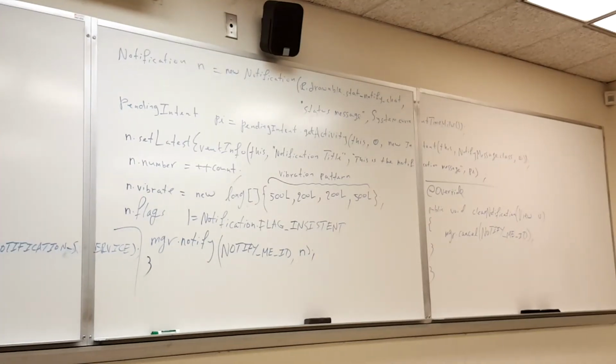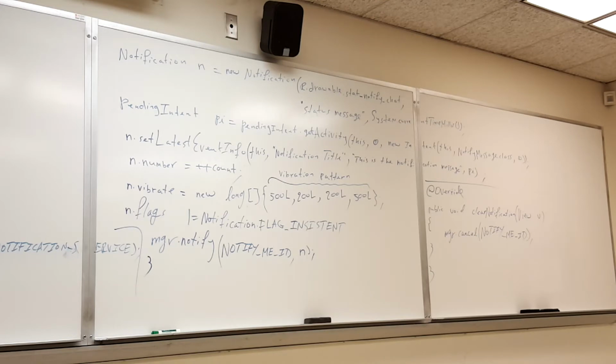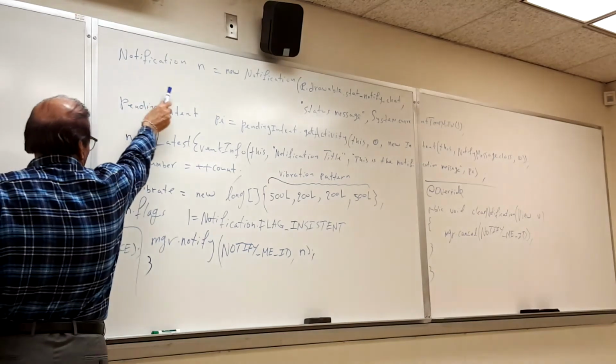Let's talk about what you should do for blinking light. If you want, for example, a light to start blinking for you as part of notification, you already made the object of notification here, right?